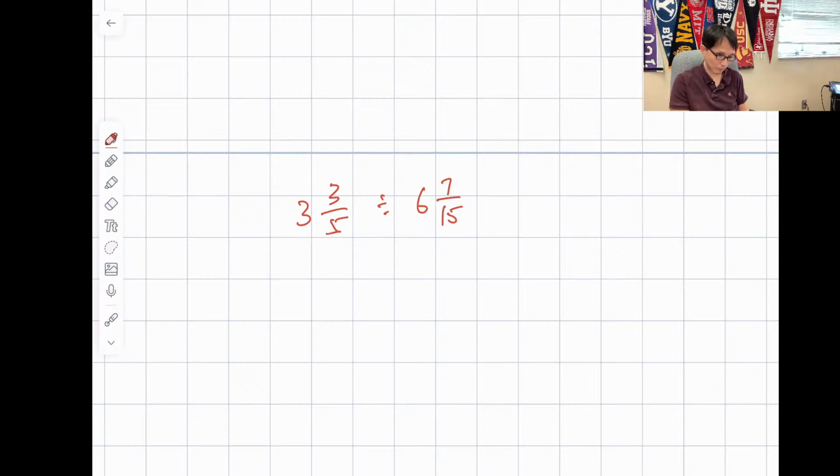Divide fractions. Be careful. Oh, I figured out how to do it.